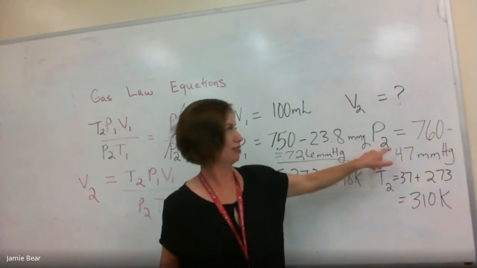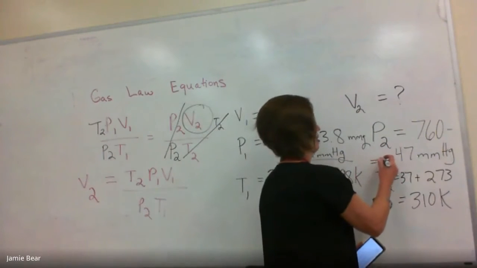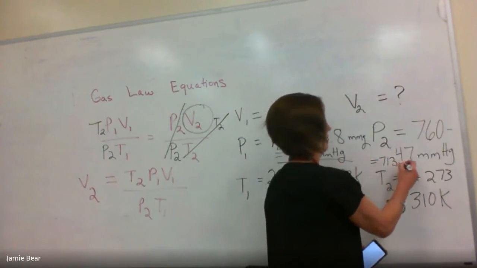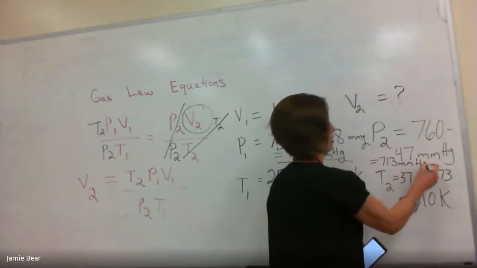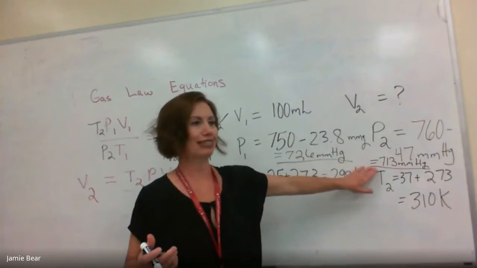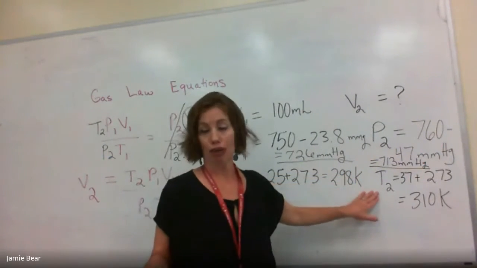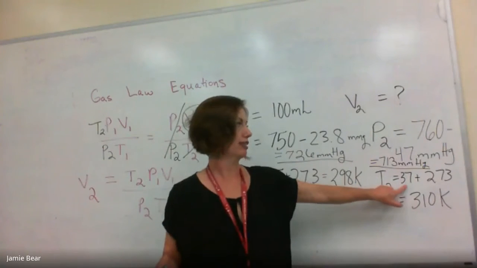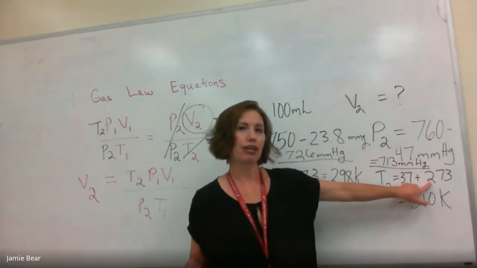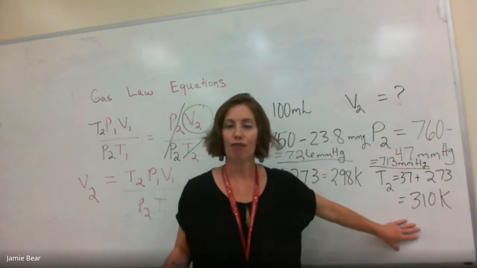So therefore, P2, 760 minus 47 is 713 millimeters of mercury. So this is P2, 713 millimeters of mercury. Then T2 is body temperature. So 37, add 273 to convert it into Kelvin, and you get 310 Kelvin.